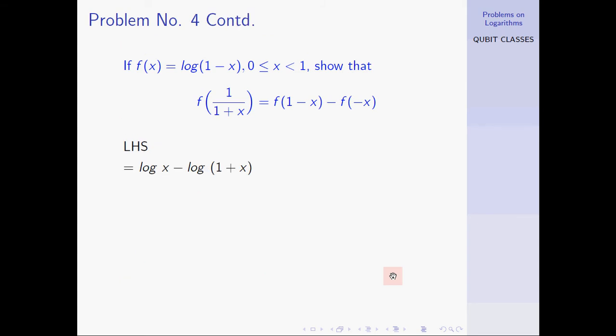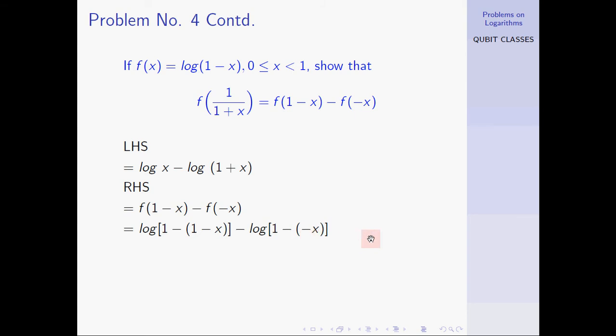Now let us try to simplify the RHS. RHS is equal to f of 1 minus x minus f of minus x. We will again use the property of composite functions. So f of 1 minus x will be log of 1 minus the bracket 1 minus x, and f of minus x will be log of 1 minus minus x.